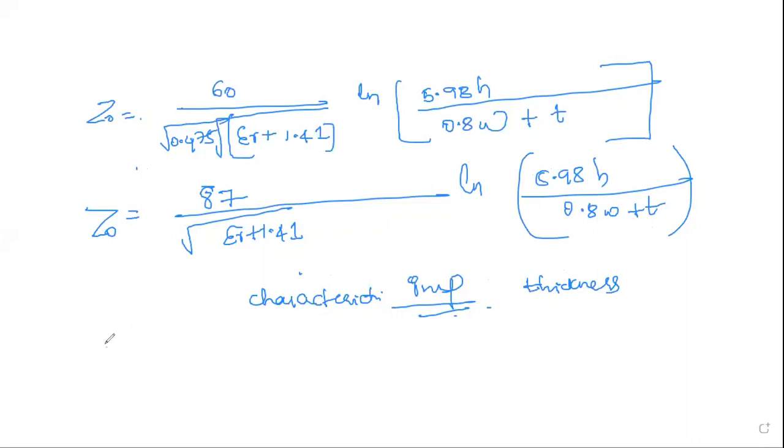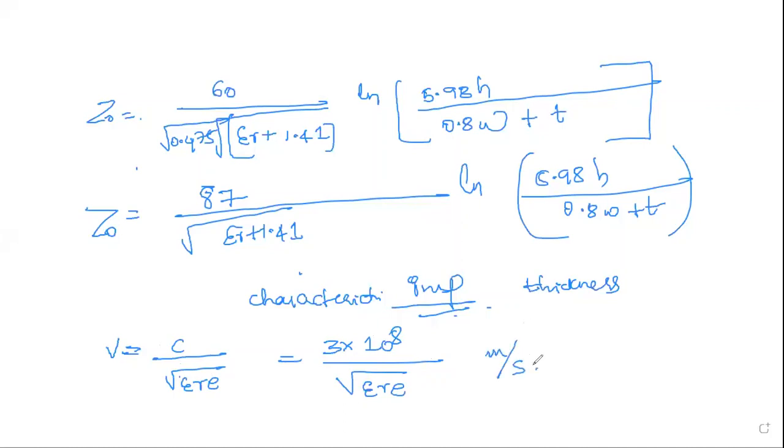Again, there is one more, that is called the velocity of propagation. It is given by a formula: the ratio of the velocity of light to square root of epsilon re, that is the effective dielectric constant. So it is nothing but 3 into 10 to the power 8 meter per second divided by the value of square root of epsilon re. So this is the formula for velocity of propagation in terms of microstrip line.